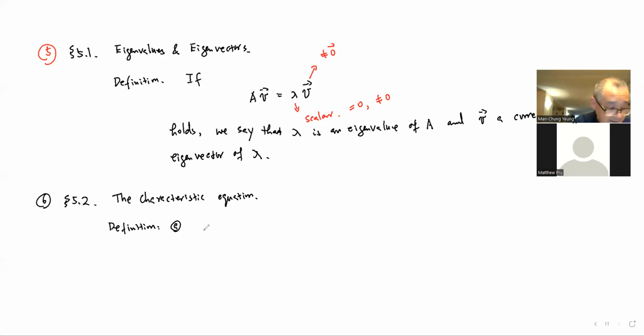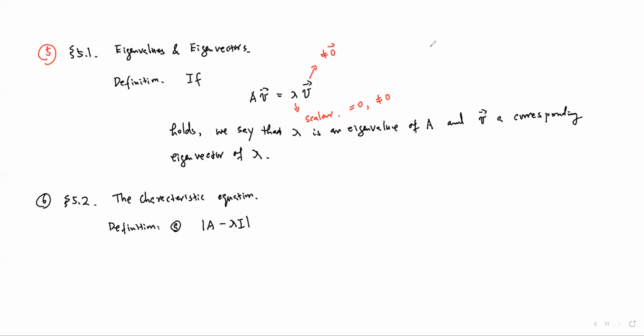The determinant of A minus lambda times I, after you expand this determinant, is a polynomial. This polynomial is called the characteristic polynomial. All its zeros are eigenvalues of matrix A.